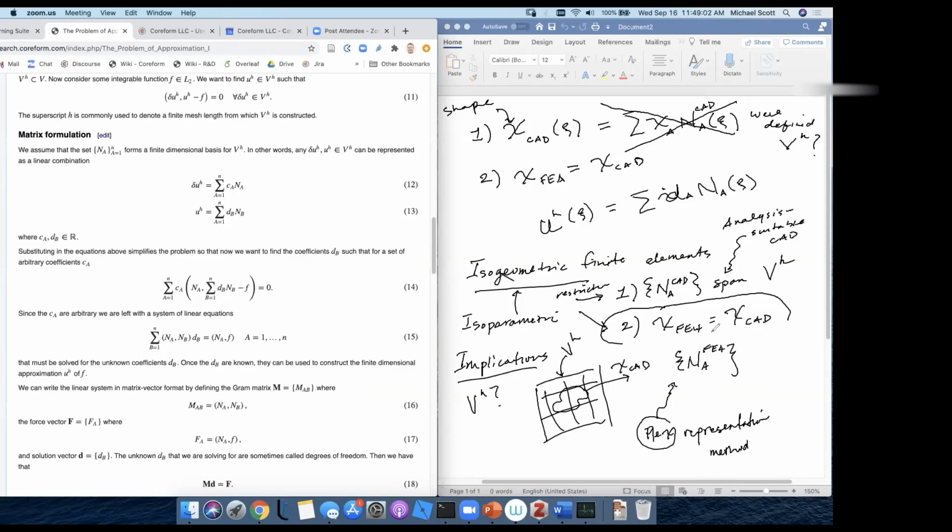There's no relationship now between the solution space and the geometry. And so all of a sudden, we can take any CAD geometry and build solution spaces that don't even have to conform to the CAD themselves.